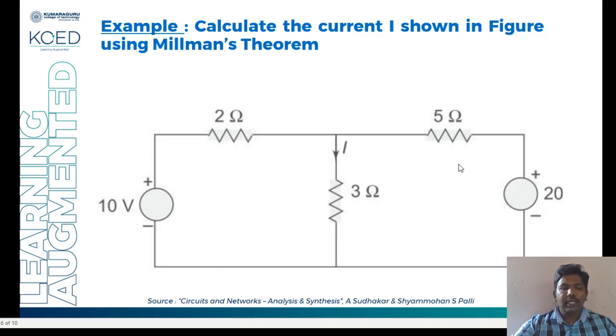So where does Millman's theorem come into the picture? Only if you have two or more voltage sources in parallel, or two or more current sources in parallel. If you look at this circuit diagram, you can see this voltage source with its resistance and this voltage source with its resistance are in parallel.